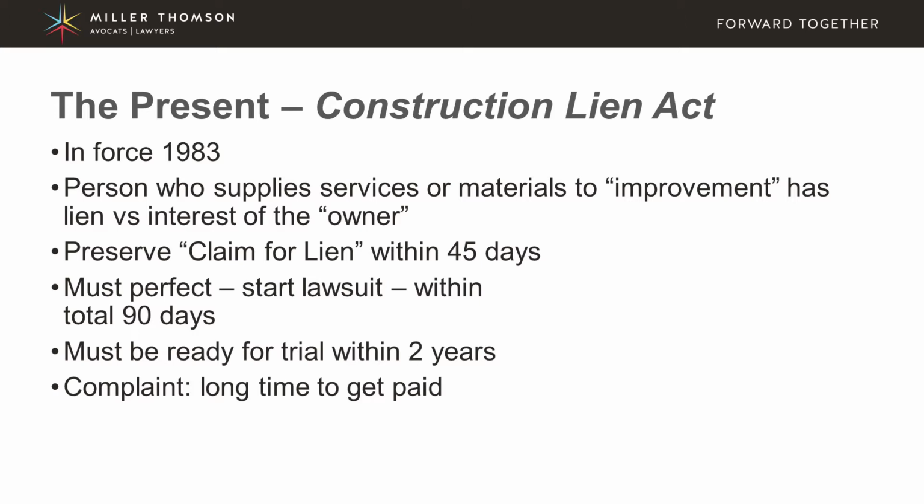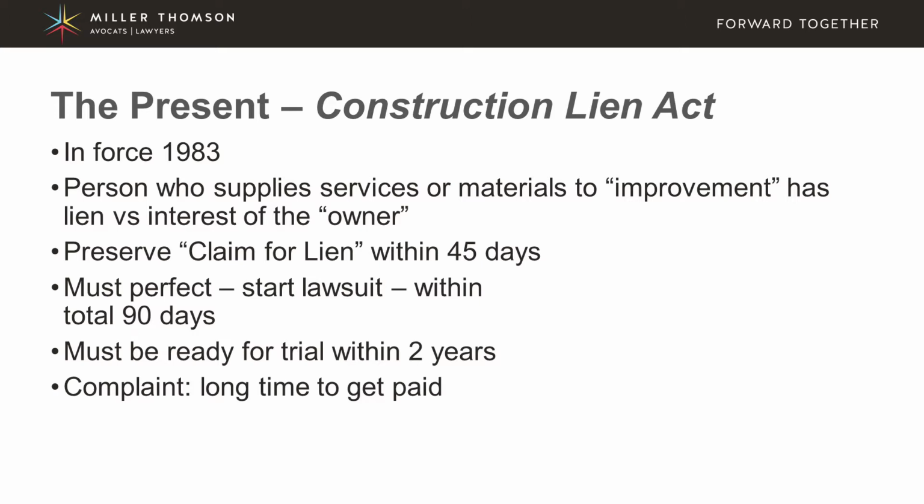Then the second step is that the claimant must perfect the lien, which means to start a lawsuit, essentially issue a statement of claim. And that must be done within a total of 90 days, or 45 days after the first 45-day period ends.